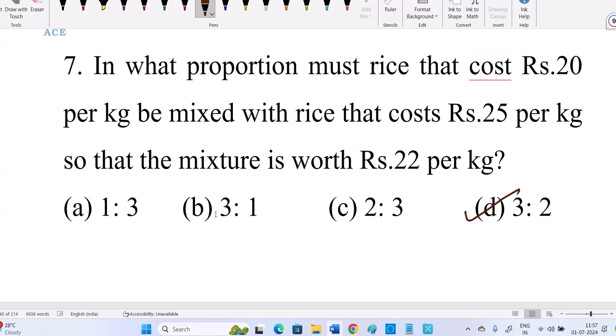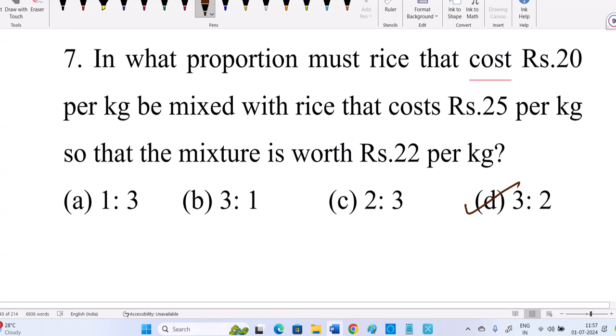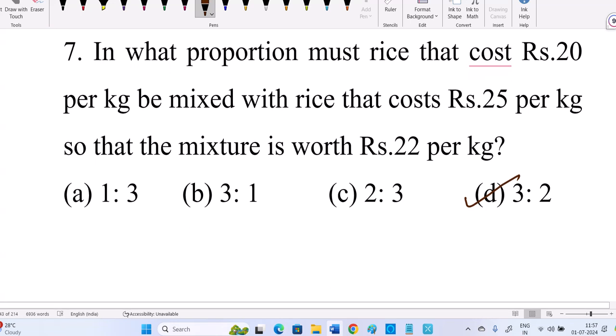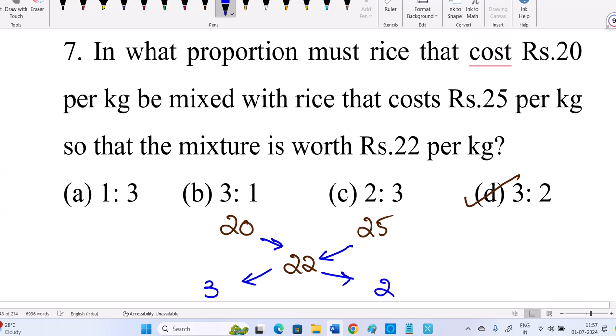22 is close to 20, so the first one should be more. Take the difference, put in the opposite side. 20, 25, 22. This difference you put on this side. This difference you put on this side.